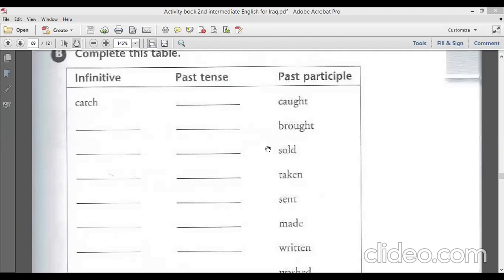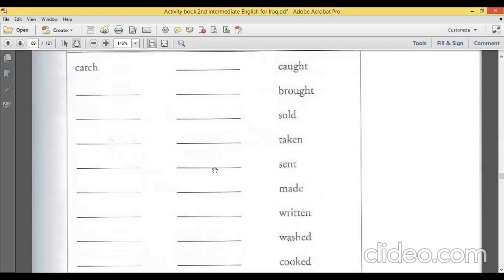Yes, okay, that's great. So, we said bring and sold. Now, taken. What is the original form of taken? Take. And what is the past tense of take? Took. Yes, exactly. Now, sent. What is the original verb? The original form?